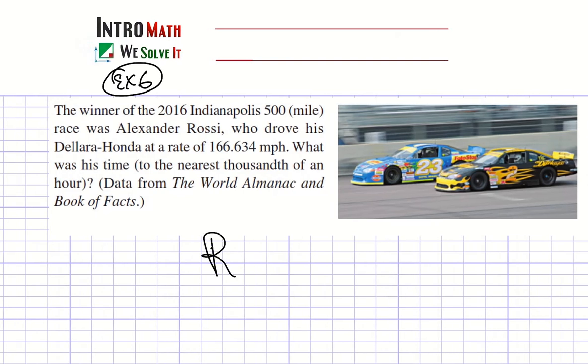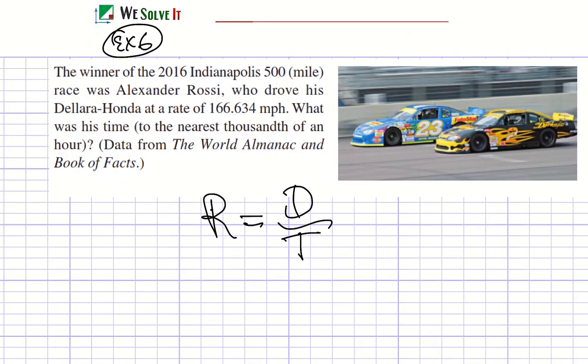So we'll have rate. That's the same thing we'll be using. Rate equals distance over time. Okay, I just switched it around. I hope you see that, because rate times time is distance. I'm sorry, we're looking for time. So we'll write it the way you see it. T equals distance divided by rate.